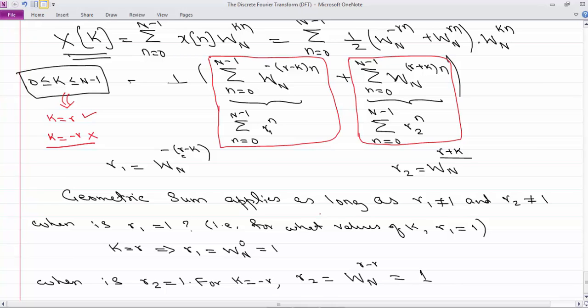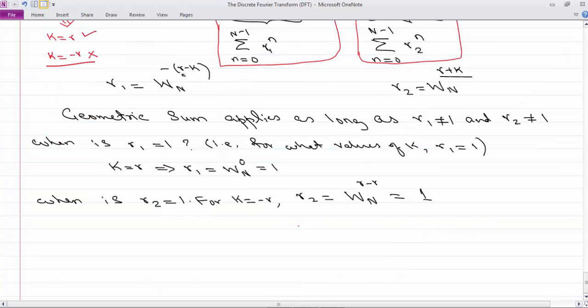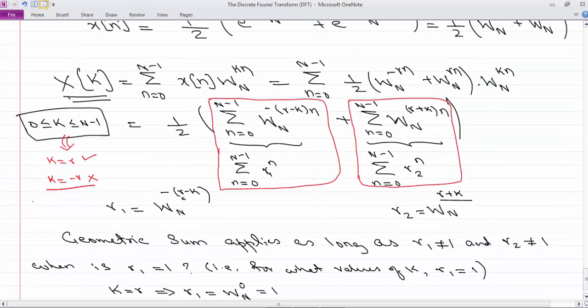But there is another number, due to the periodicity of complex exponentials, which also makes R2 equal to 1. Remember, we talked about the modulo operation on k.